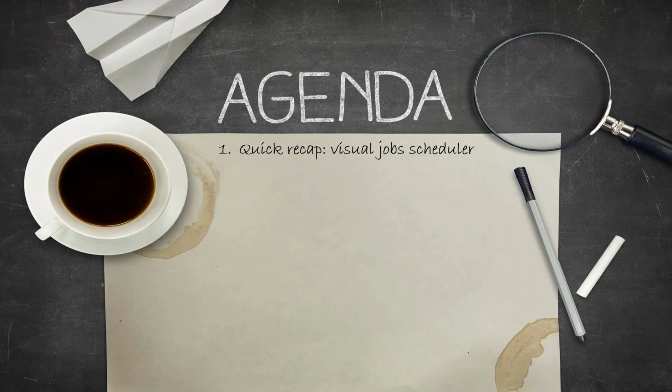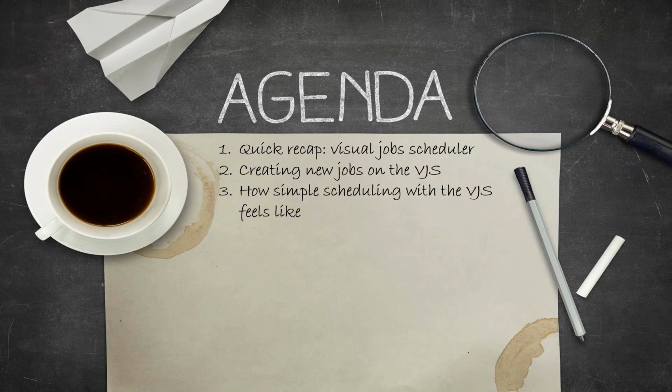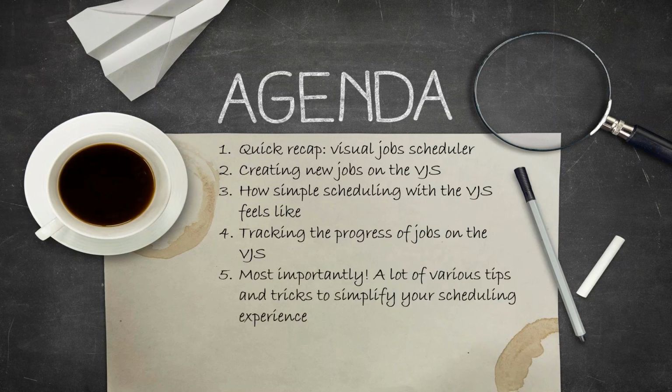So the agenda for today is first we'll do a quick recap of what the visual job scheduler is. I'll teach you how to create new jobs in the VJS. I'll show you how simple scheduling feels when you start using the VJS. We'll also look at how to track the progress of jobs, when you start making postings or bringing out your timesheets.